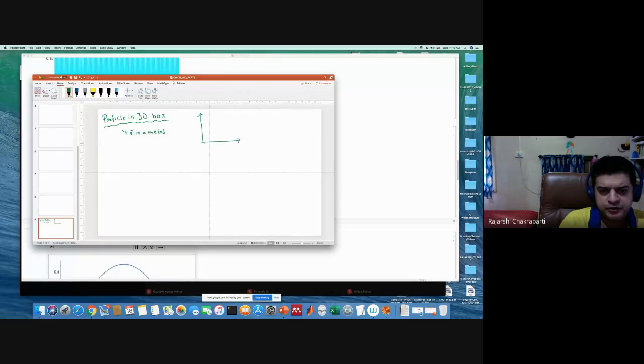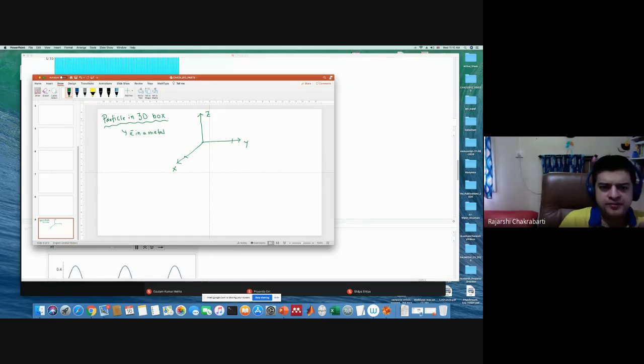This is hand drawn, so it is not going to be a very good one. So this is your X, this is your Y, this is your Z. And then I have a box. Along the x-axis, the length of the box is L1. Along the y-axis, the length of the box is L2.